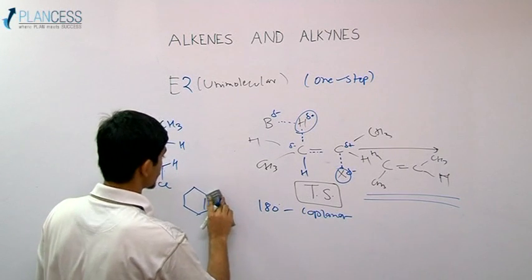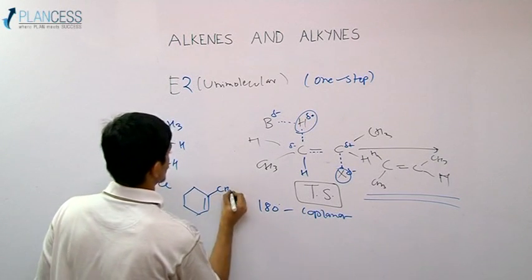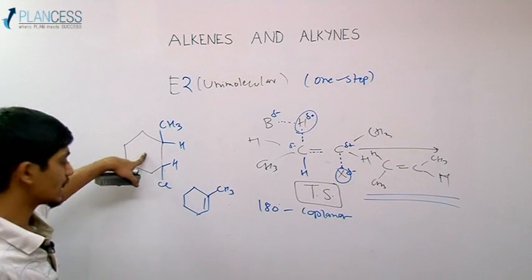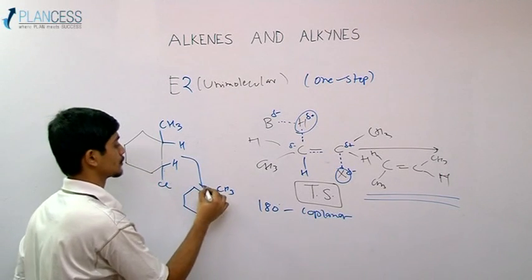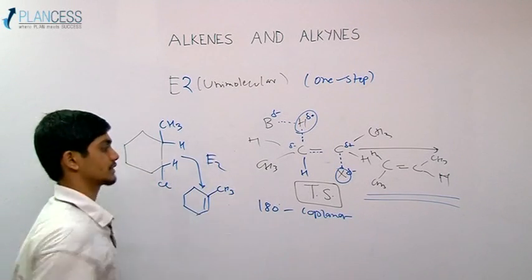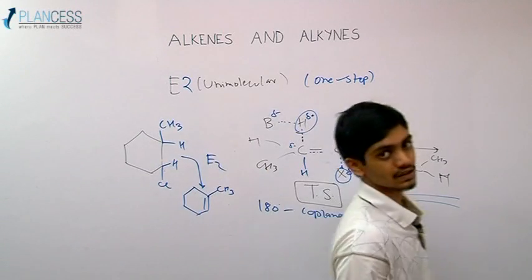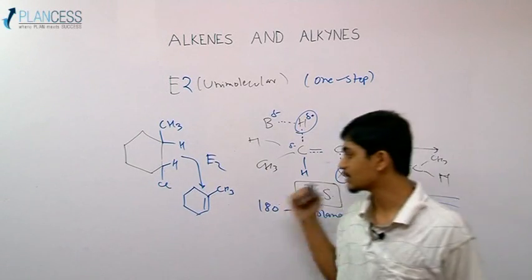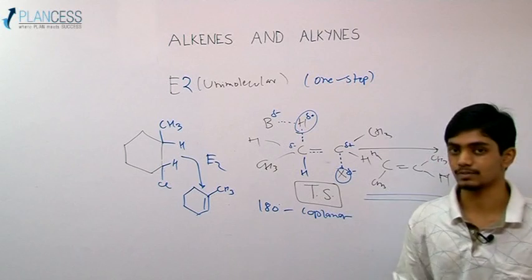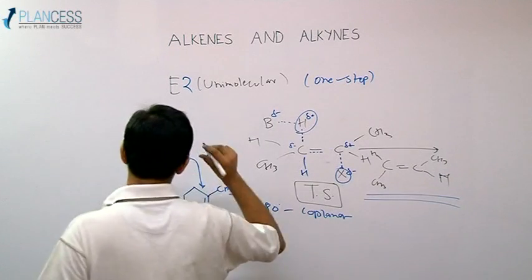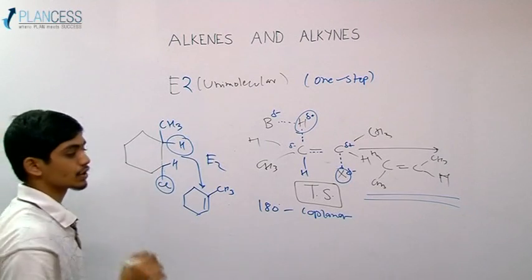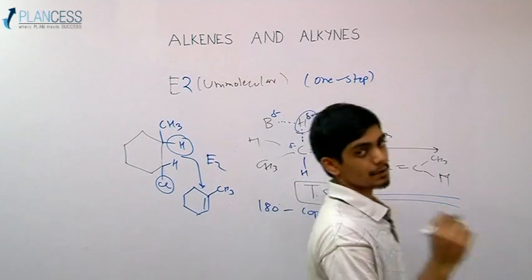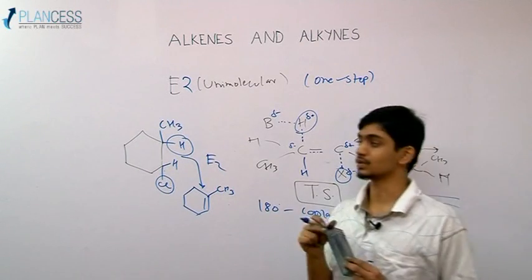Now can we get this type of alkene? If we want to convert this halide, or this cyclohexane ring, into this alkene through the E2 mechanism, that is, I will apply the conditions so that E2 elimination will take place, then tell me whether this alkene is possible. This alkene is actually not possible because this Cl and this hydrogen are not coplanar to each other or not present in the anti position to each other.